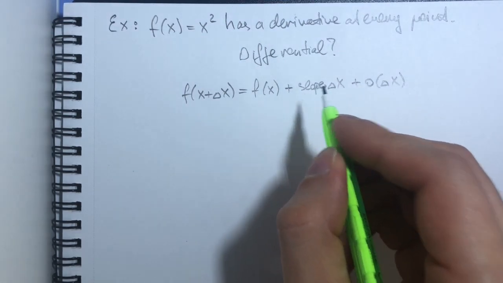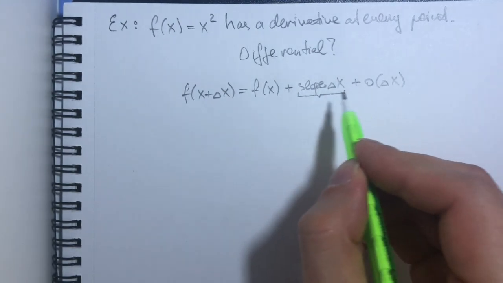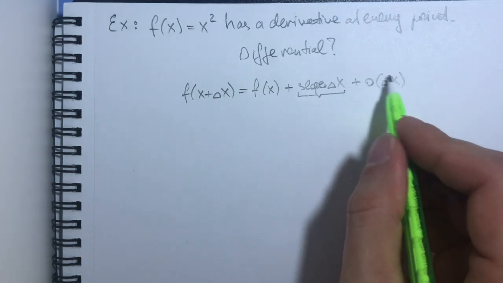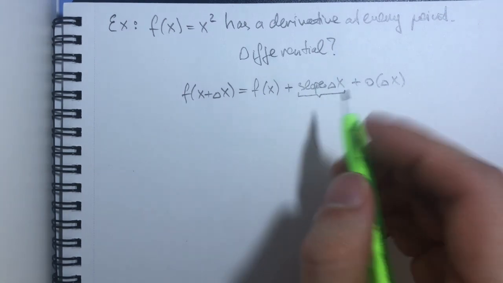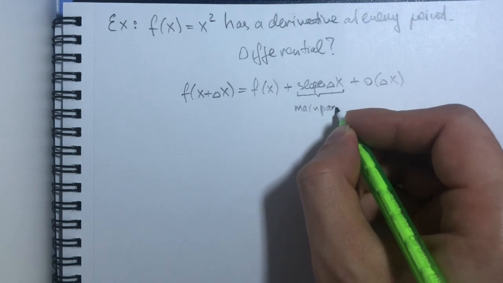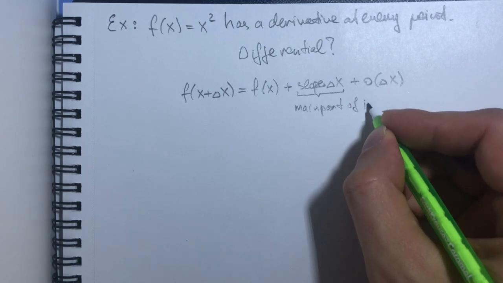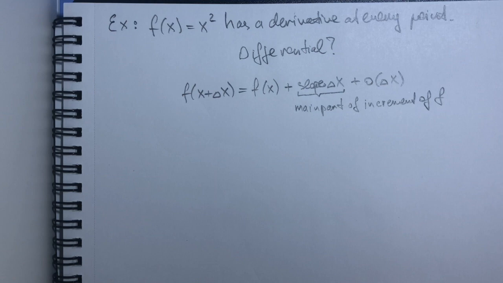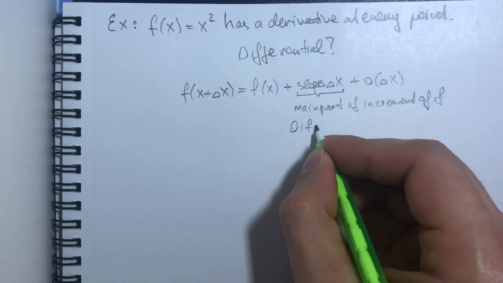And since we noticed that this part gives the main contribution to our new value, right? This function is smaller with respect to delta x than this. This is called the main part of the increment of f, and it's given a special name. It's called a differential.